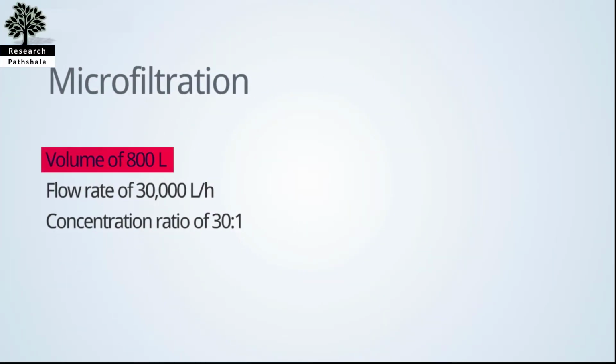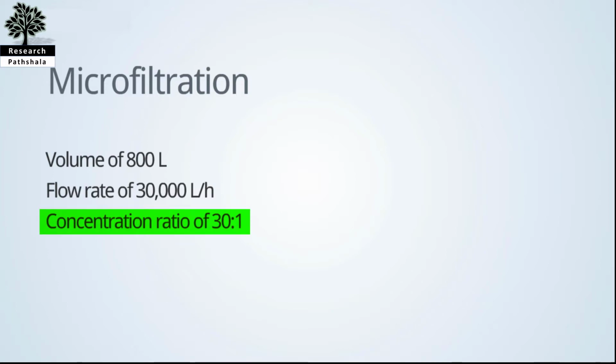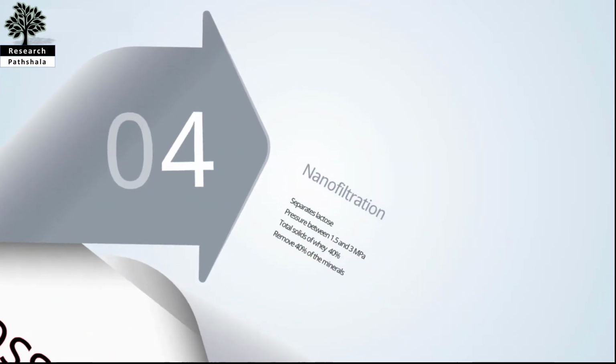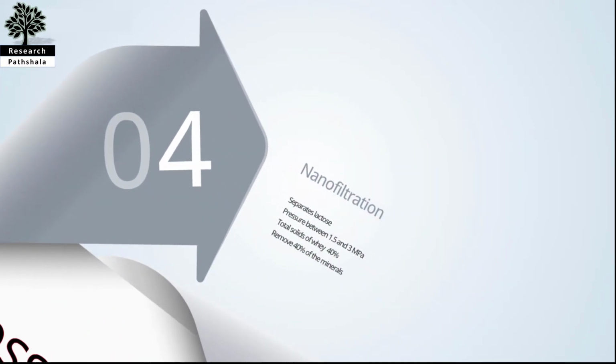This setup would have an internal volume of around 800 liter with a flow rate of 30,000 liter per hour and a concentration ratio of 30:1. This concentration ratio means that 1000 liter of the concentrate and 29,000 liter of the permeate will be produced each hour.